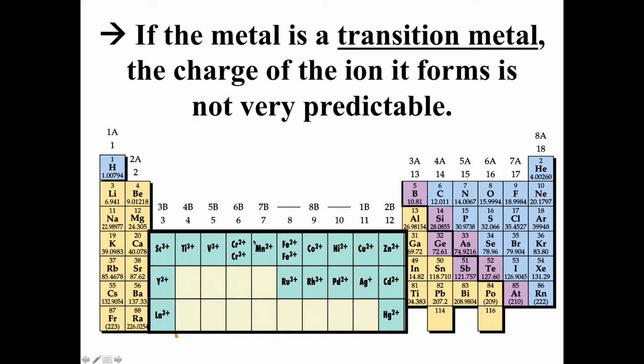You might even notice some elements like chromium and iron, and others like copper, that will form multiple possible ions. Copper can make the +2 and +1 ion, iron can make +2 and +3, chromium can make +2, +3, +6, and several others. So quite unpredictable.